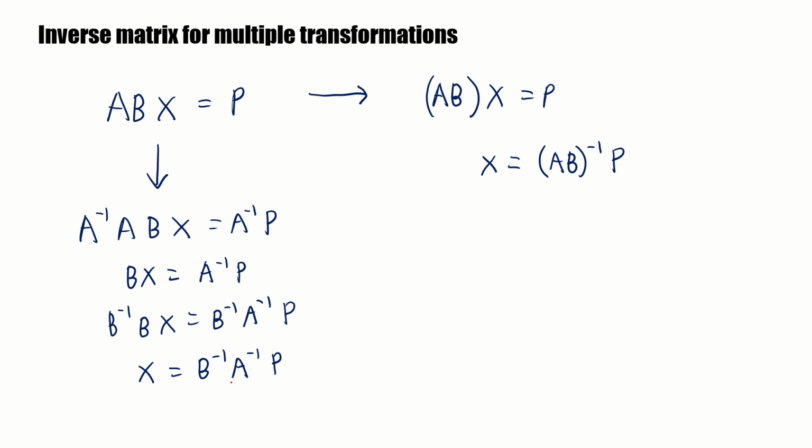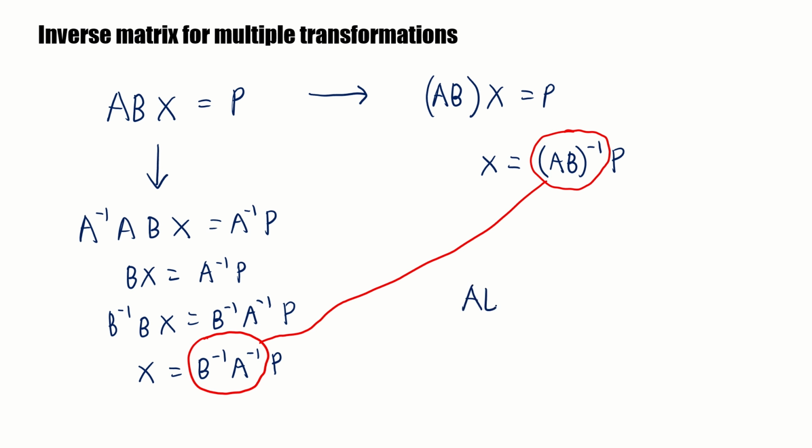But wait a minute, we did this two different ways and we got two different answers. In one of the ways we got AB all inversed, and in the other way we got B inverse times by A inverse. What does that mean? Well, it means these two different looking expressions must be the same as each other. So therefore a little result to be aware of is that if you're doing the inverse of a product of matrices, then therefore as part of doing that, you reverse the order.